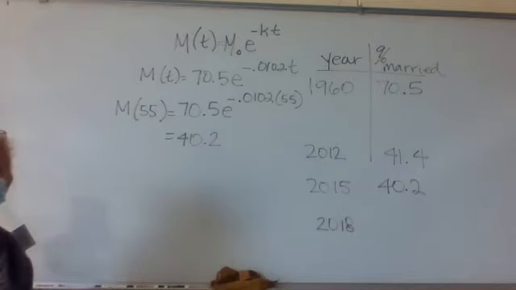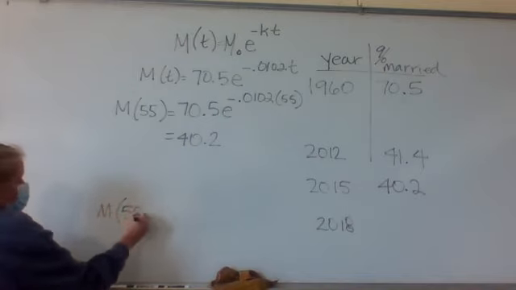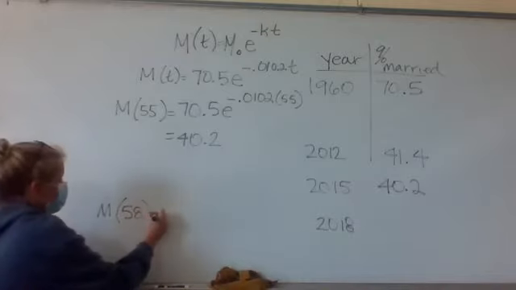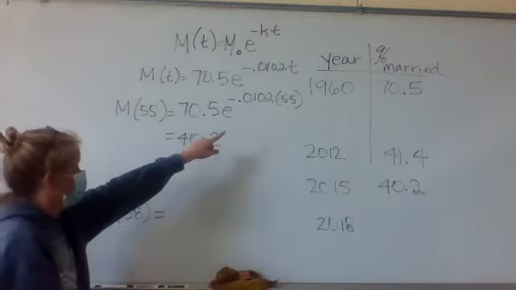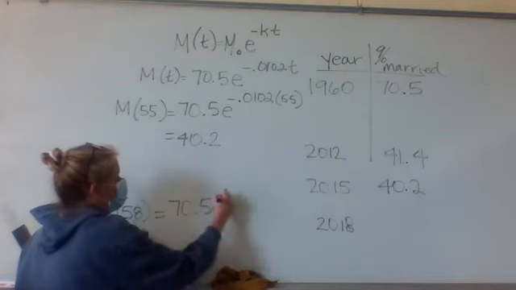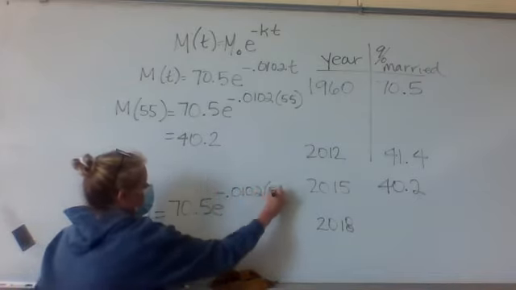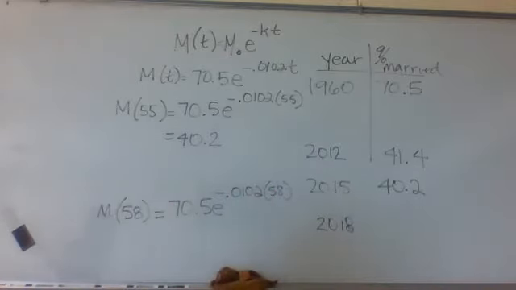Okay? Now, 2018. So just 3 years after that. So now I'm finding M of 58. I'm just changing that 55 to a 58. So 70.5 E to the negative 0.0102 times 58 this time for 2018.